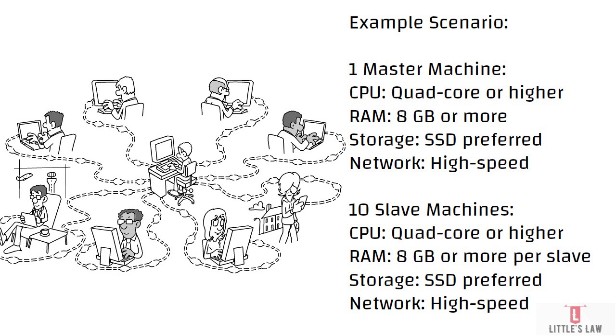So, what are the additional considerations apart from your RAM, your CPU, your SSD, your network? Okay. So, when it comes to the additional considerations, we are going to talk about the network bandwidth. So, the network capacity. So, that's the very first thing.